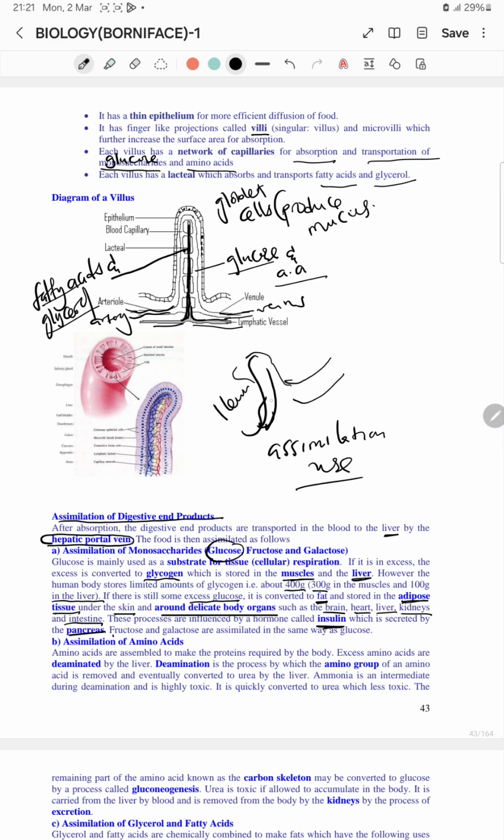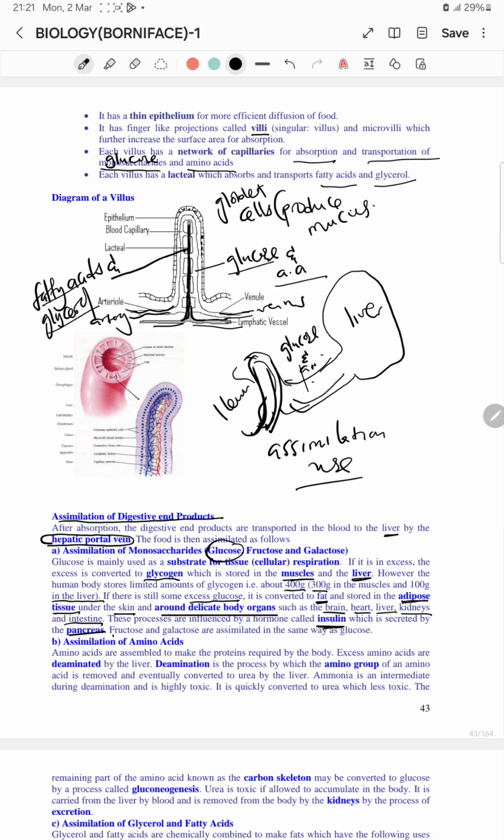Okay, let me just try to draw something like this. This is the ileum, then this is the hepatic portal vein going to the what? To the liver.